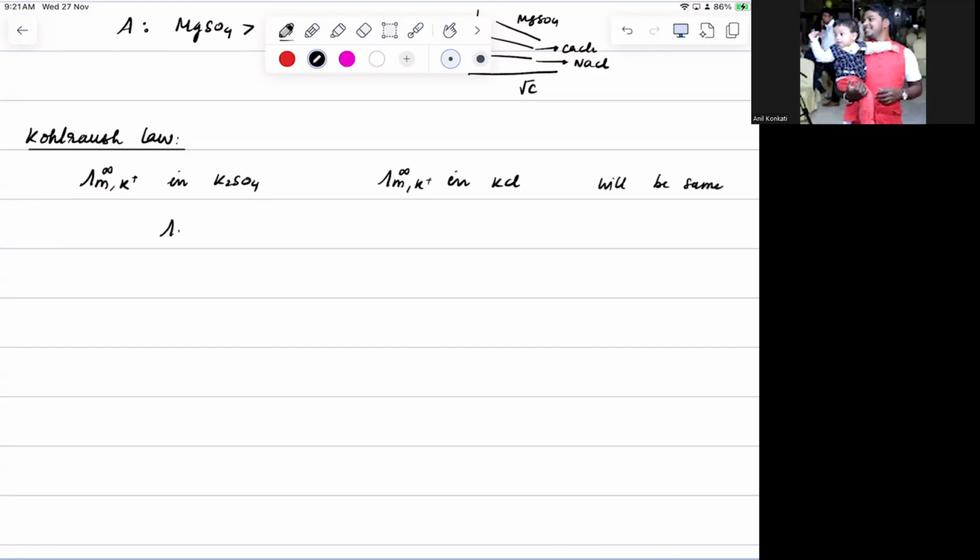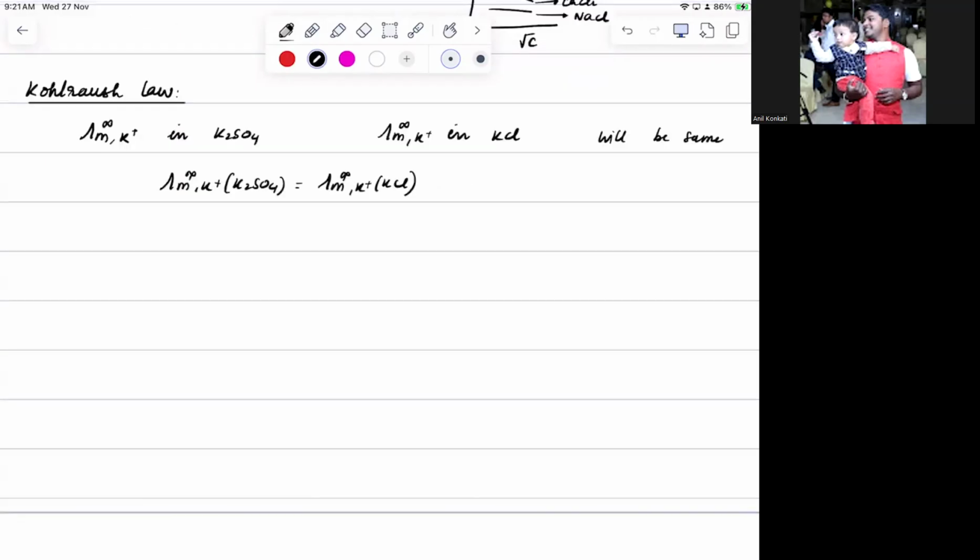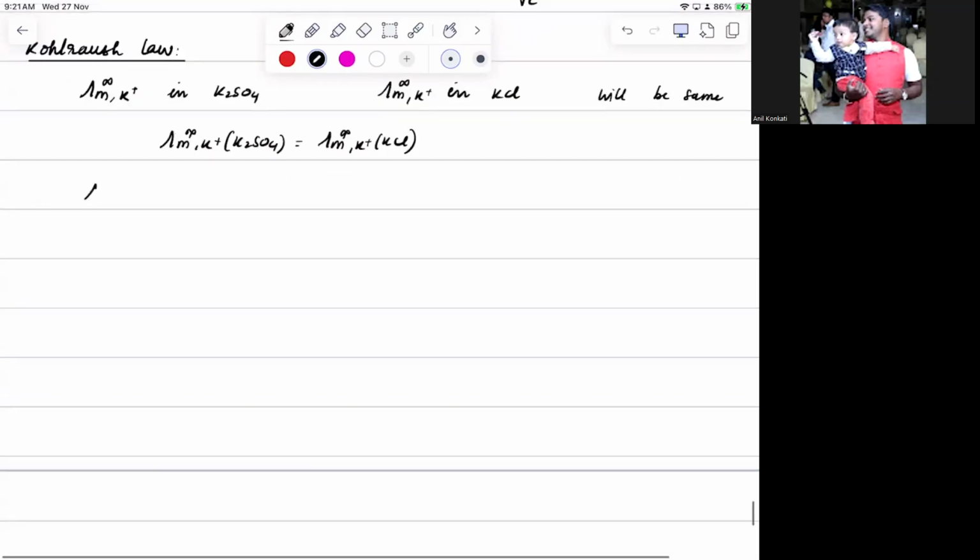So lambda m of K plus coming from K2SO4 will be the same as lambda m of K plus coming from KCl. As long as the ion is the same, whether you get it from solution X or solution Y, the value would be the same. Therefore, we can always write it this way.